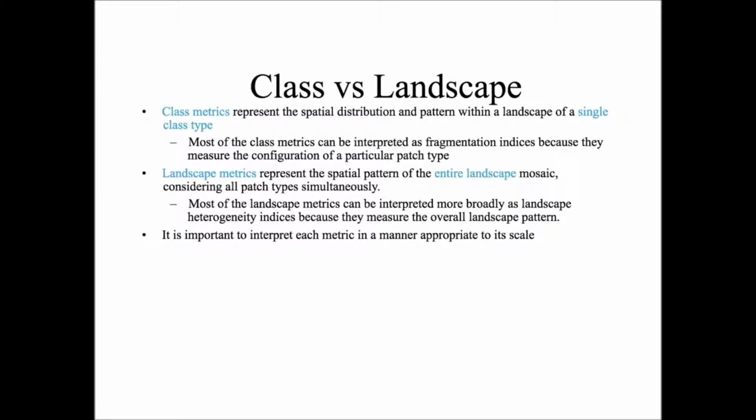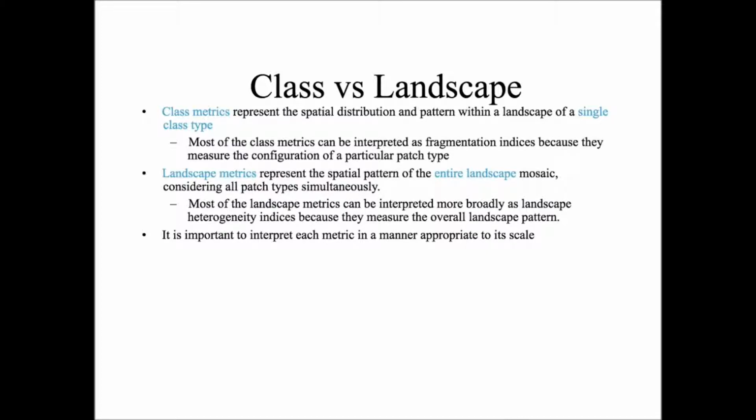So from the lesson, we started talking about calculating landscape metrics or quantifying landscape pattern at 2 different levels. So we can actually quantify landscape pattern at the class level and at the landscape level. So class metrics represent the spatial distribution and pattern within a landscape of a single class type. So most class metrics can be interpreted as fragmentation indices because they measure the configuration of a particular class of vegetation, such as forest or wetland.